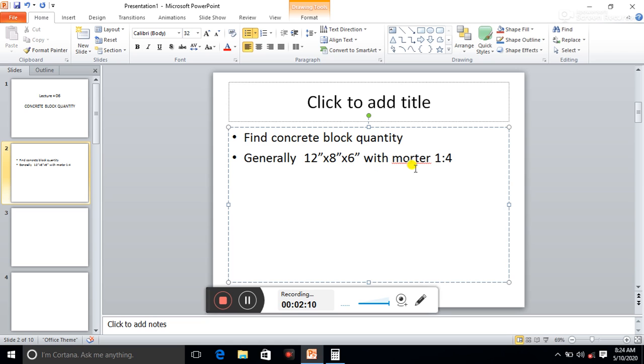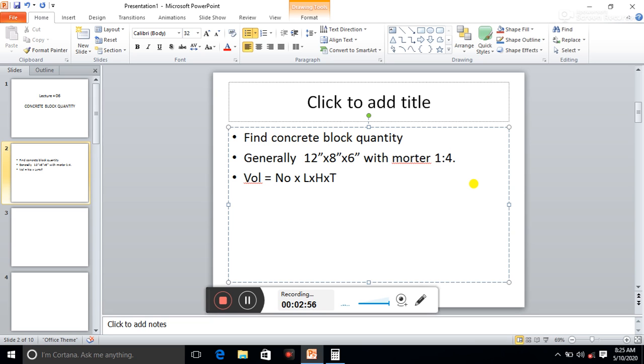Mortar 1:4. So the volume formula is equal to number multiplied by length multiplied by height multiplied by thickness.